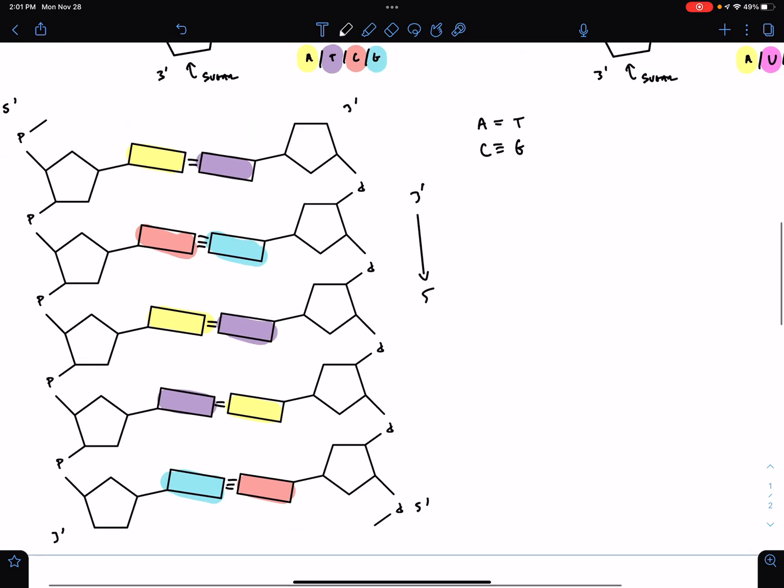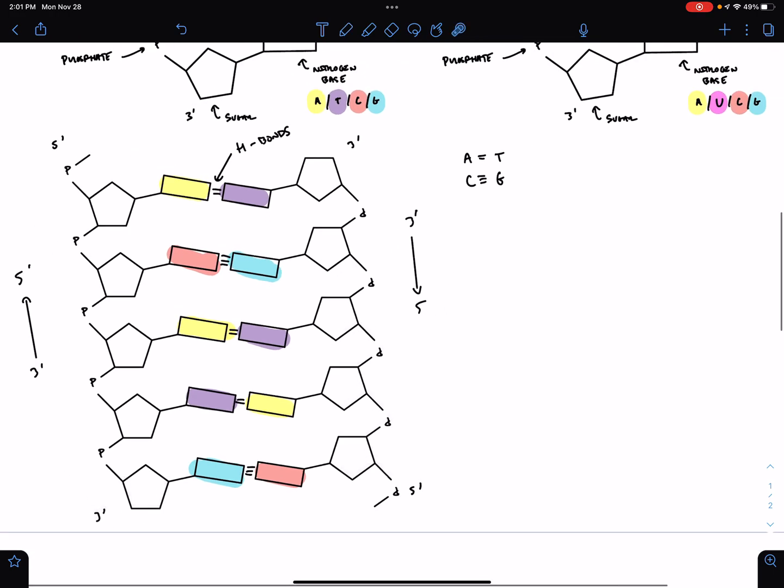So these are the only hydrogen bonds that are holding the two sides together. And as you know, hydrogen bonds are the weakest bonds, while the rest of the bonds in these two strands, these two sides of the double helix, are held together by covalent bonds.